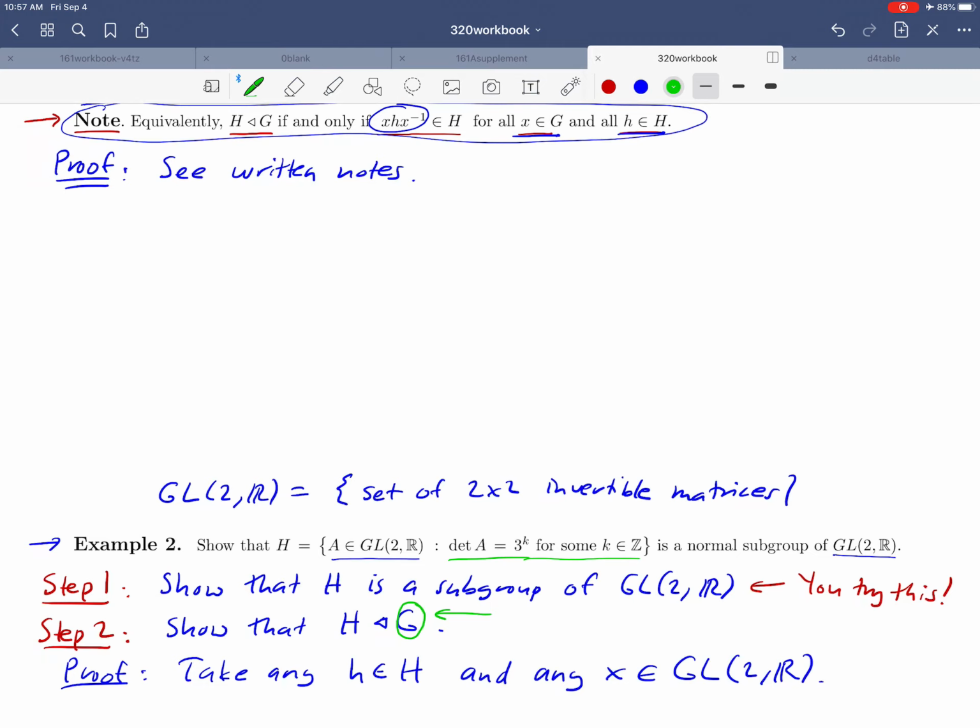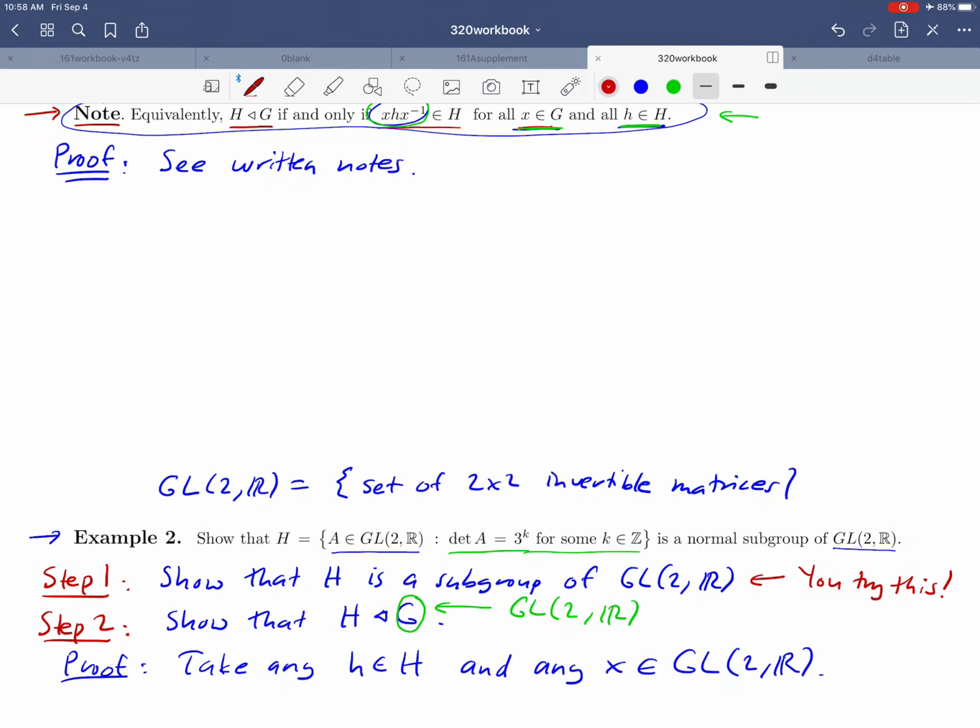Whenever I write G, I really mean GL2 of R. Kind of a generic notation for our group, just so that this doesn't get too confusing. So we've started out by choosing these two elements. Now we need to look at this product and show that that's in our subgroup.